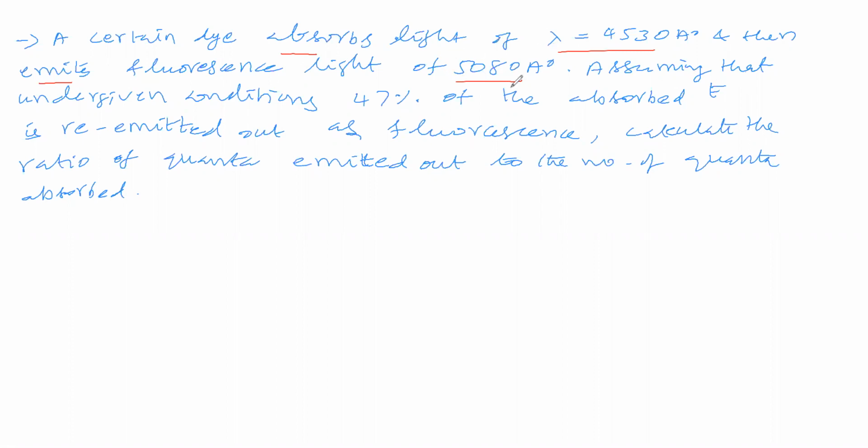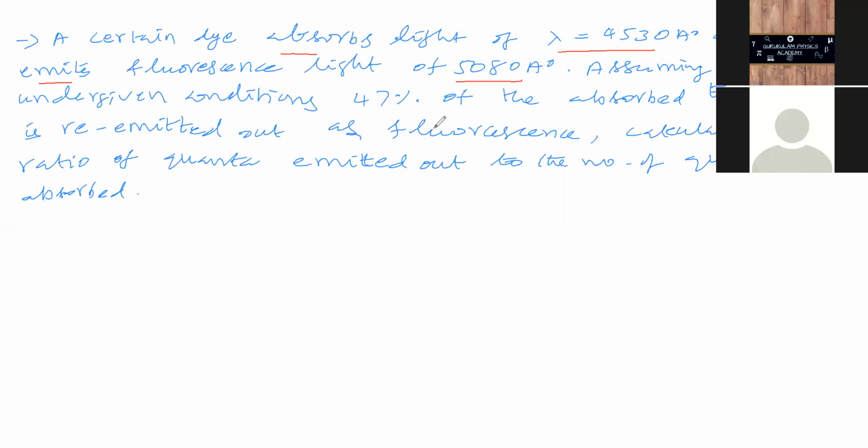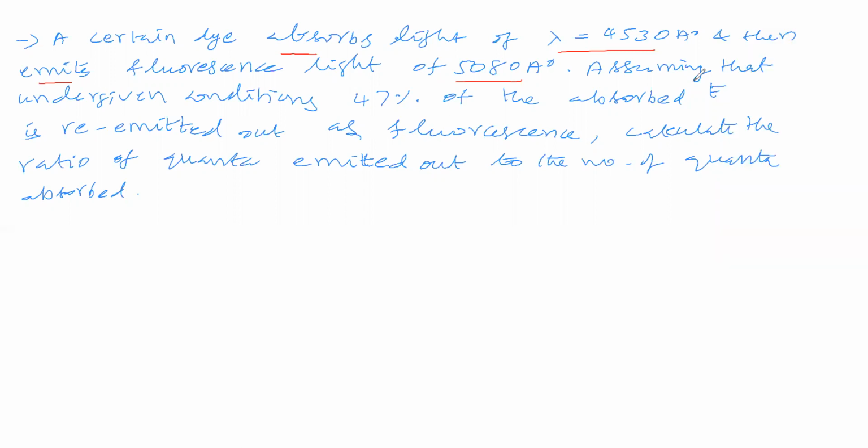Assuming that under given conditions, 47% of the absorbed energy is re-emitted out. So only 47% of the energy is re-emitted out as fluorescence. Calculate the ratio of quanta emitted out to the number of quanta absorbed.